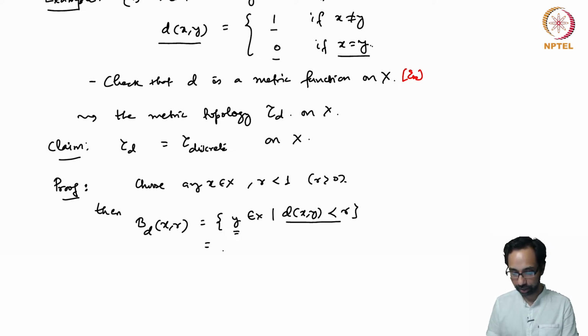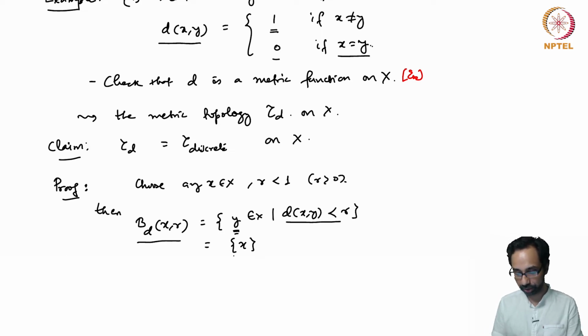All the other points y in X have distance 1 from x, so the only point within that distance is x itself, which has distance 0. So we see that the basis set for the metric topology is the basis element for the discrete topology, and so these two topologies are equal.